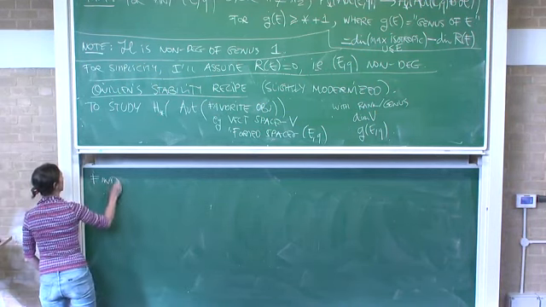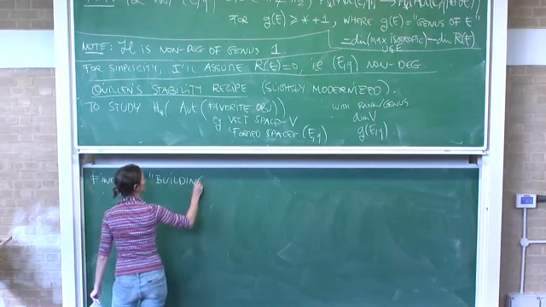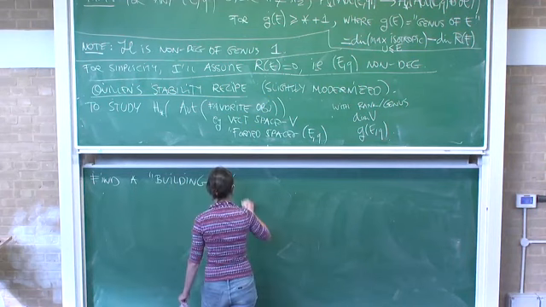So let's see what it says. Find a building X for each object.